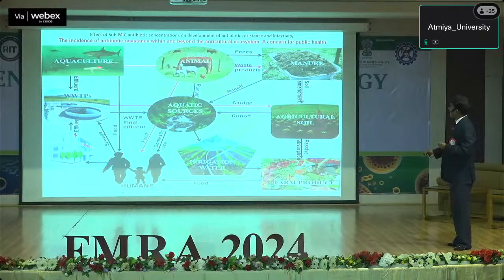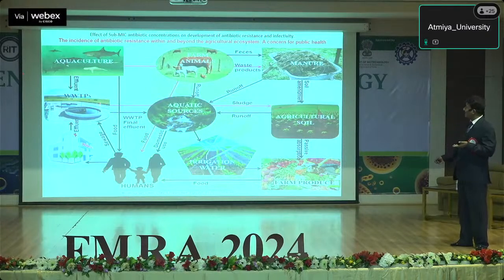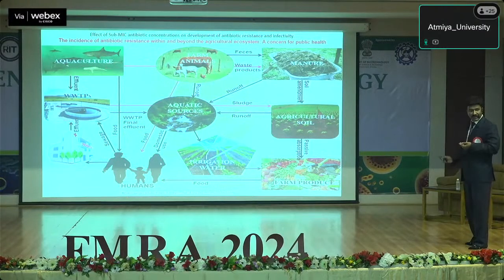Then what is happening? Aquaculture water and sewage get into the treatment plant. Then humans, hospitals, sewer lines or hospital sewer lines go to the treatment plant. So aquaculture, directly through humans, also comes again to the treatment plant. Aquaculture and farm runoff go to the aquatic sources.